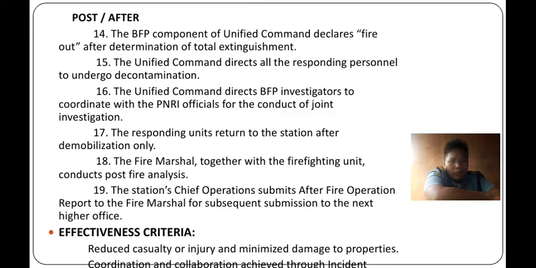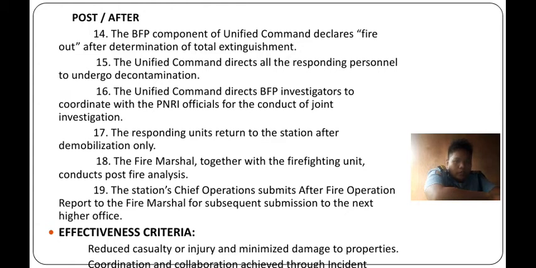15. The Unified Command directs the responding personnel to undergo decontamination. 16. The Unified Command directs BFP investigators to coordinate with the PNRI officials for the conduct of joint investigation. 17. The responding units return to the station after demobilization only. 18.